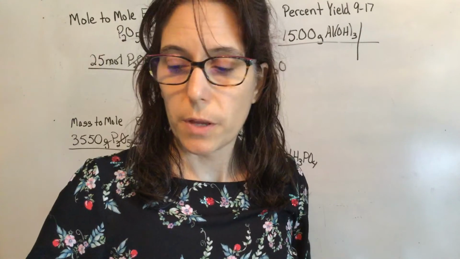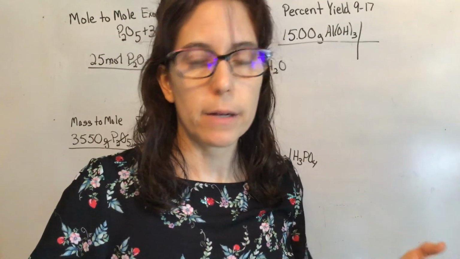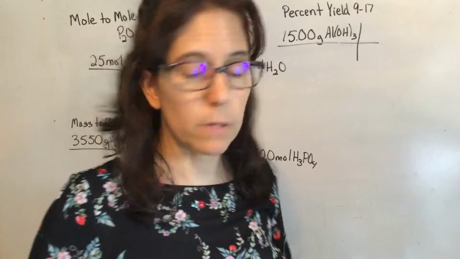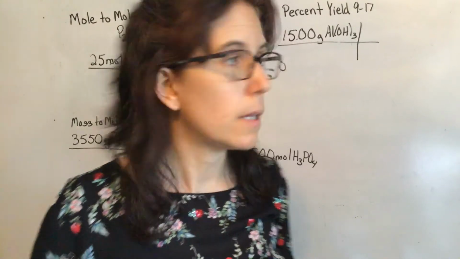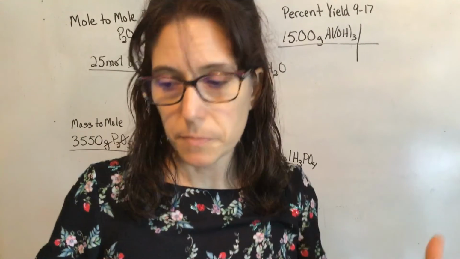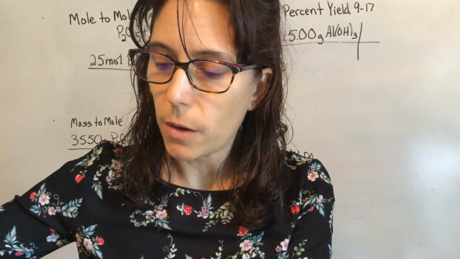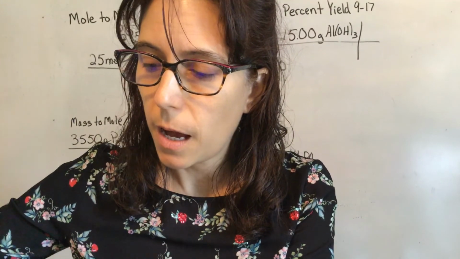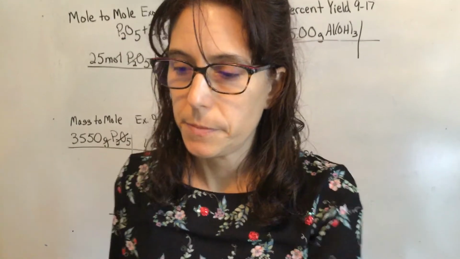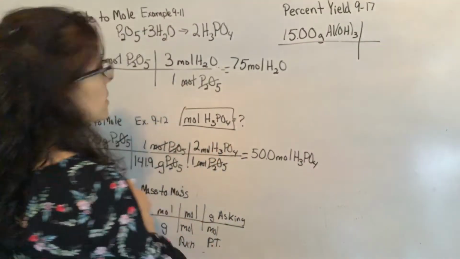It's going to react with an excess of hydrochloric acid. So what it's saying is we don't care about that quantity. We don't care about the mass of the hydrochloric acid. We don't care about the moles of the hydrochloric acid. We only care about aluminum hydroxide, which is the number they gave us. So we're good there. So we need to find out the mass of aluminum chloride that would form.